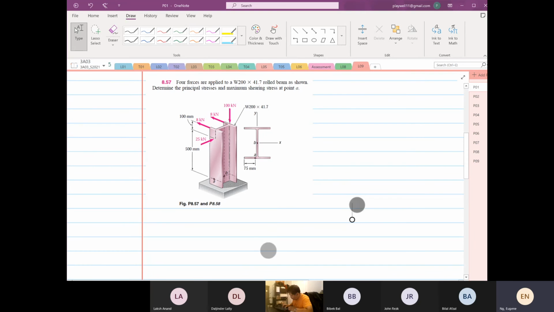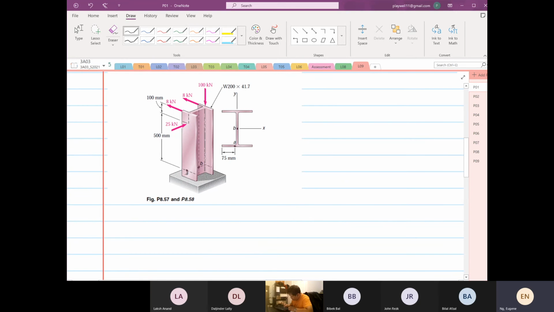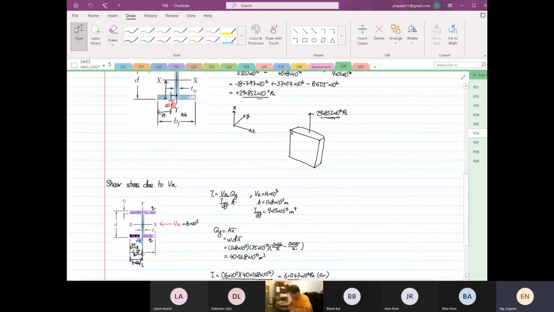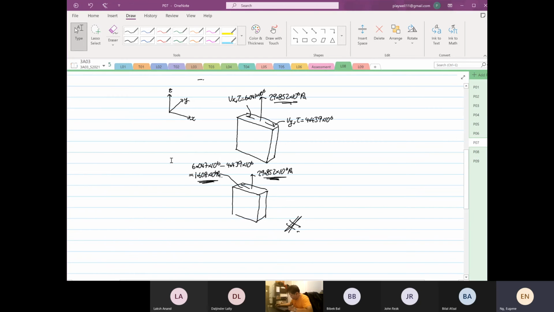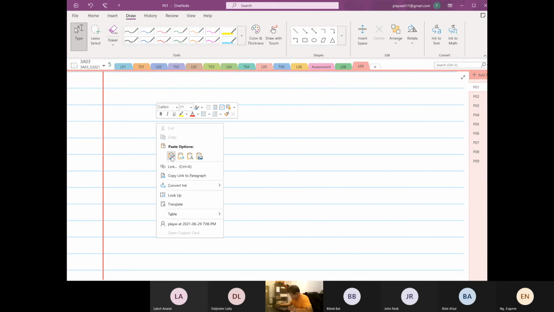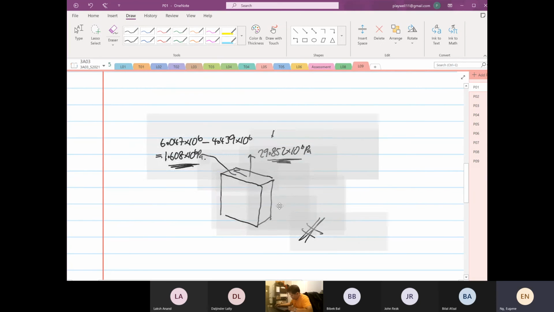Then we looked at element A, analyzed it, and drew our element A. I'm going to copy the whole thing again. So this is our element A.